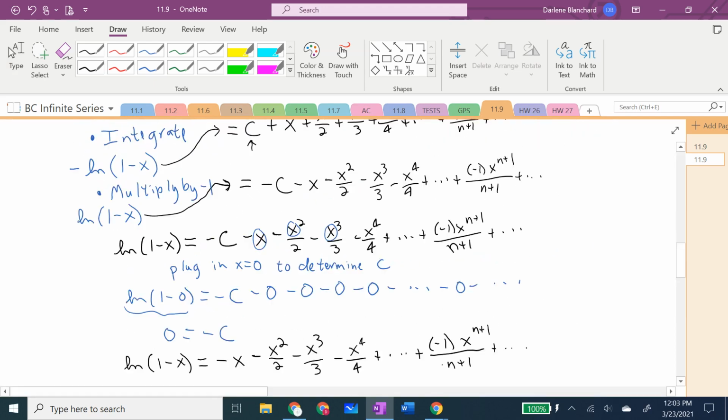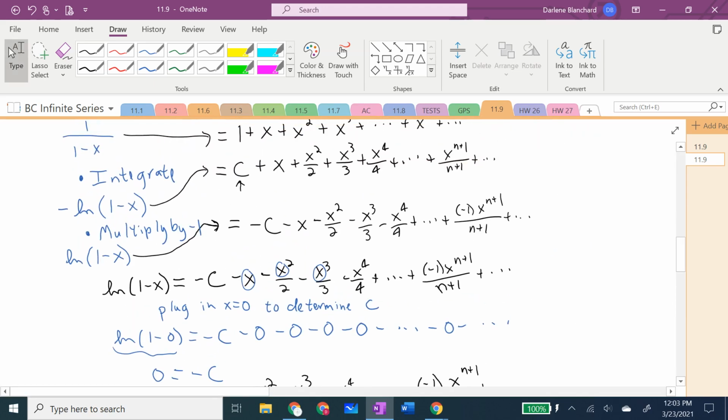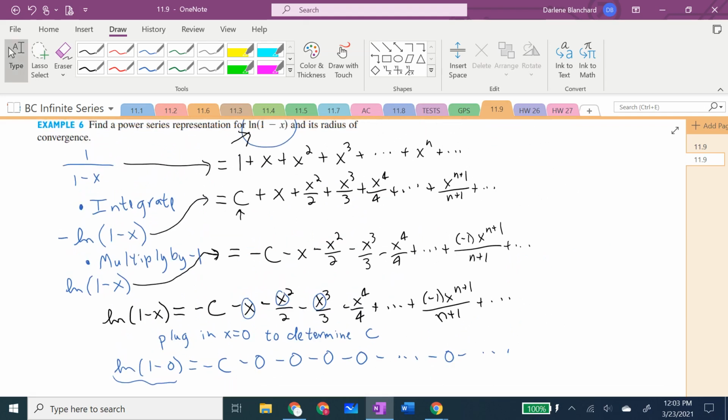The original polynomial had an interval of convergence of -1 to 1. When I integrated, I ran into the question of, is it including endpoints, yes or no? Multiplying by -1 is not going to affect anything with interval of convergence.